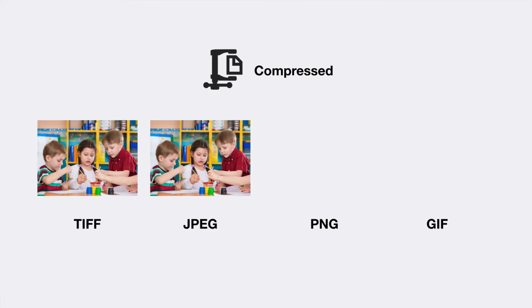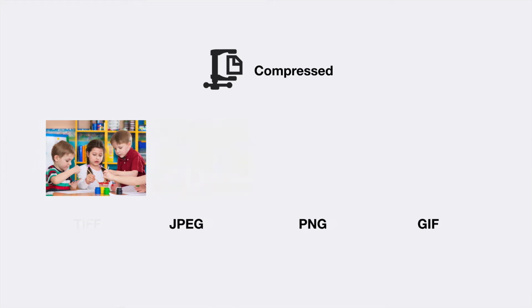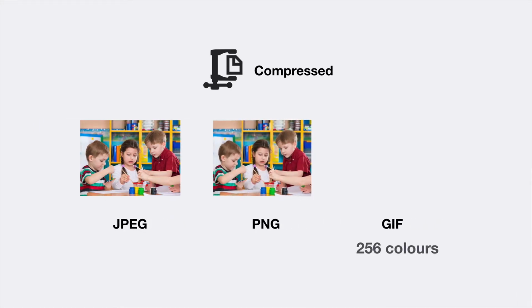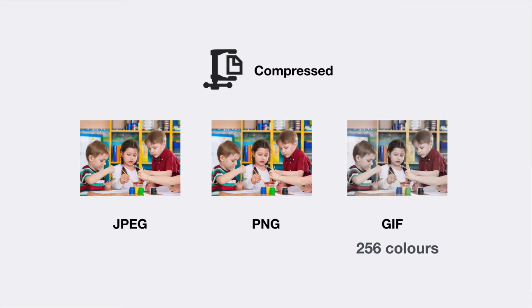If you are producing printing materials such as posters or brochures, you don't want to use JPEG, you want to use TIFF. But now we are talking about the web, so let's forget about TIFF. That leaves JPEG, PNG, and GIF.